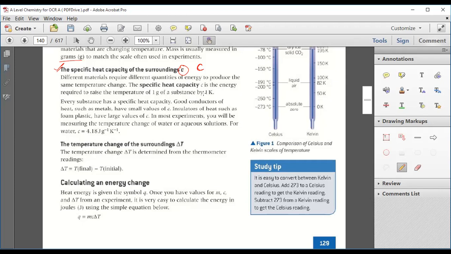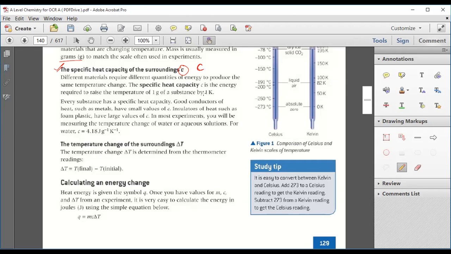Insulators of heat, such as foam, plastic, sand, wood, etc., have a large value of c because they require a very high amount of heat to have a temperature change.